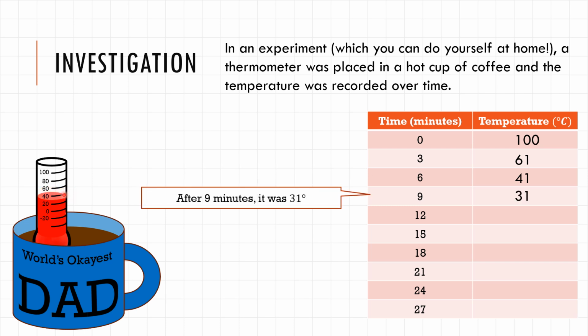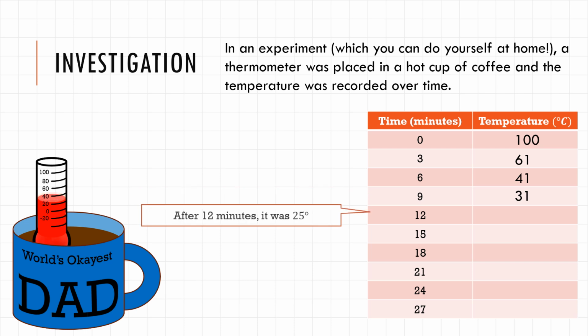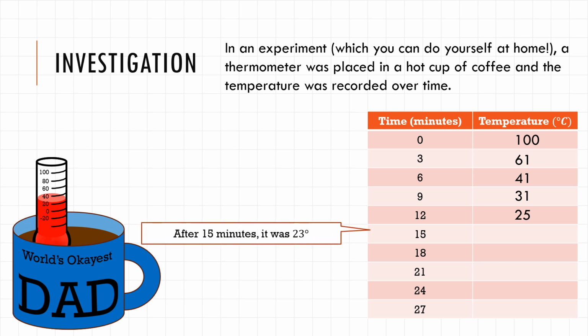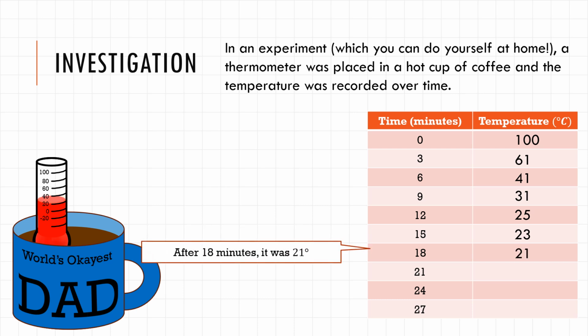After 9 minutes, it dropped a little more to 31 degrees. After 12 minutes, 25 degrees. 3 minutes after that, it was 23 degrees. 3 minutes after that, it was 21 degrees.